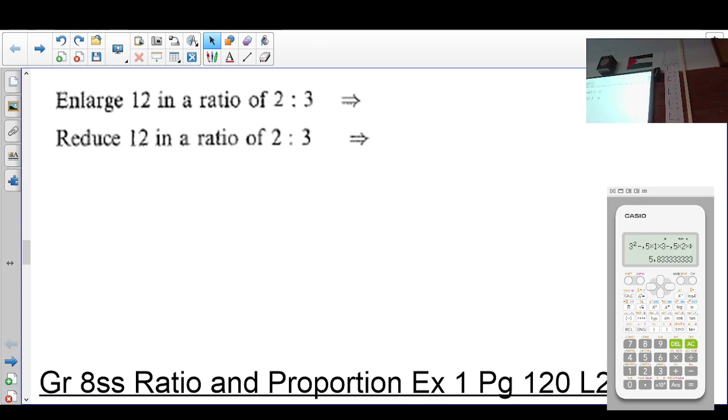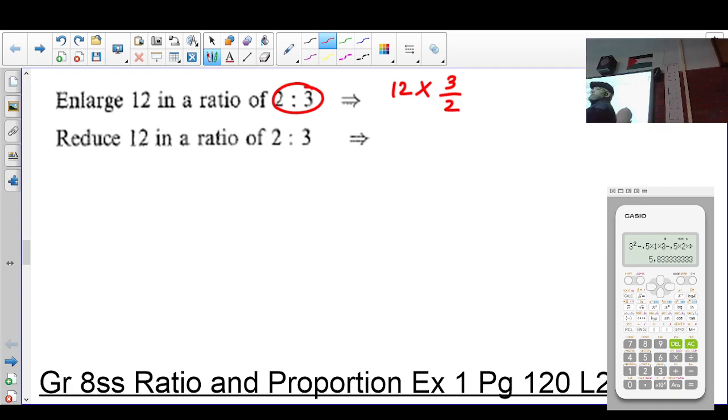The bigger one. So if you're going to enlarge it in the ratio 2:3, it will be 12 multiplied by 3 over 2. You see that, people? You simplify that.